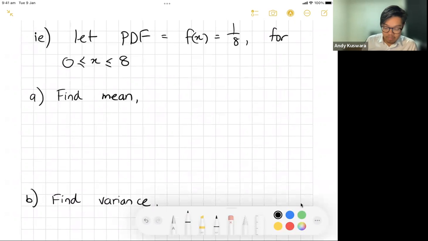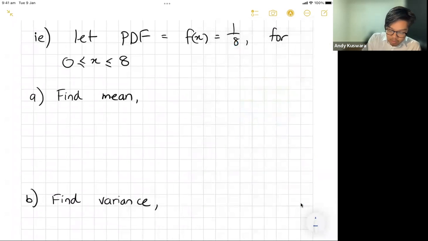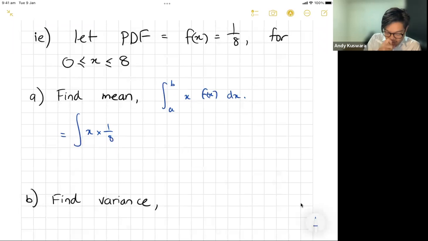So to find the mean, I'm going to write this in blue. The mean is given by the integral between a and b of x times f(x) dx. That's it. In this case, it's going to be x times 1 on 8, integrated between our two values, with dx.